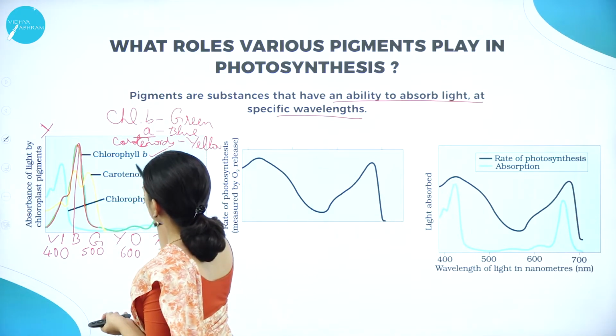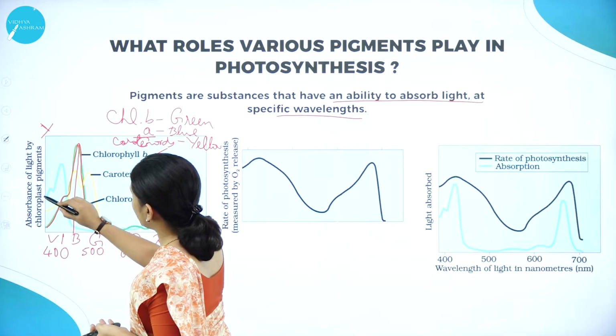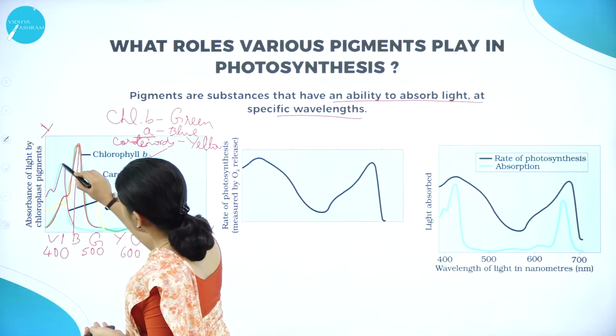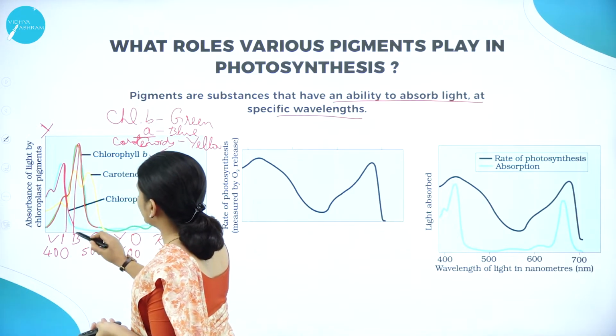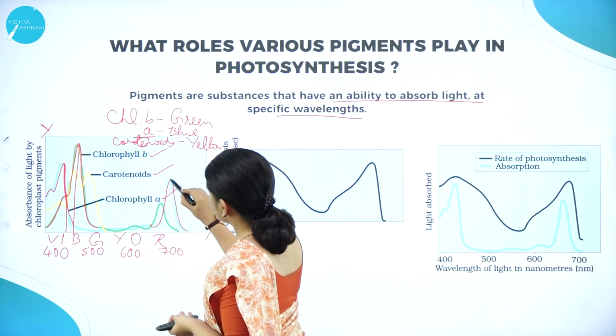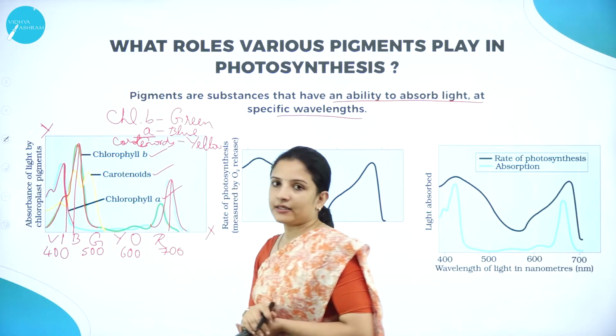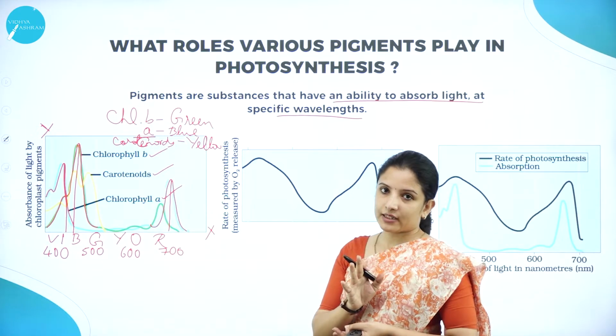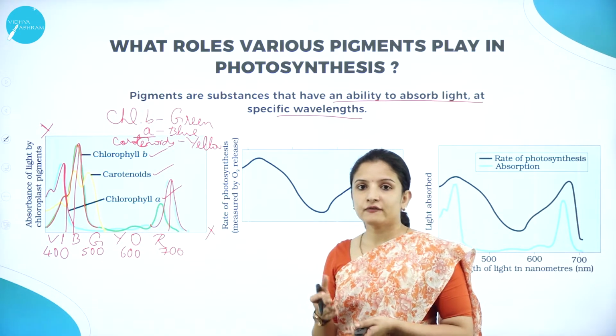Next, when you see chlorophyll A, this is the line here. Chlorophyll A also has the capability of absorbing blue light, and again here chlorophyll A also has the ability to absorb red light. So chlorophyll A can absorb blue light and also red light, therefore increasing the rate of photosynthesis.